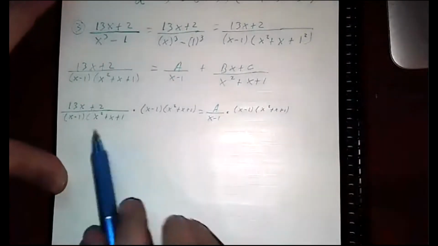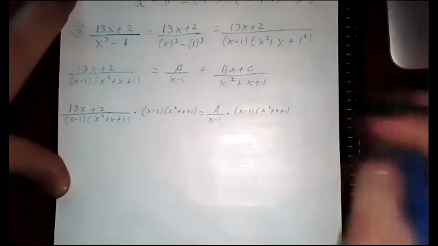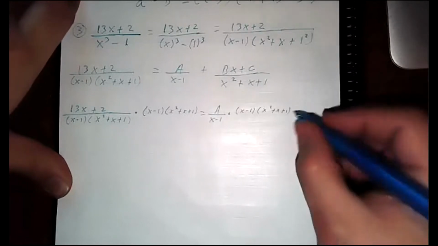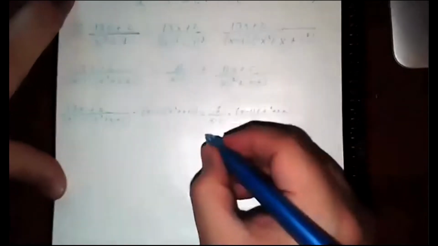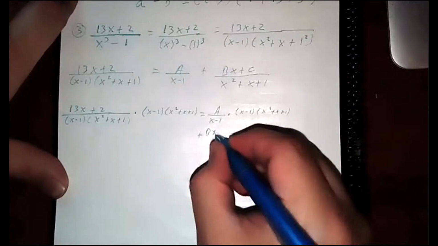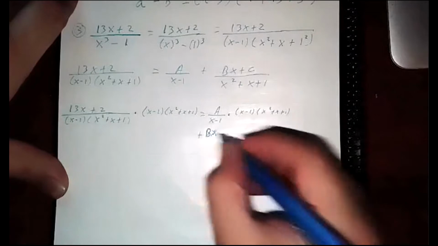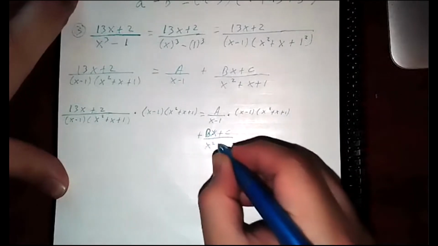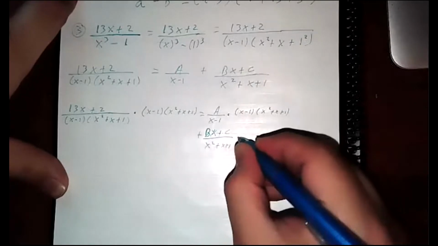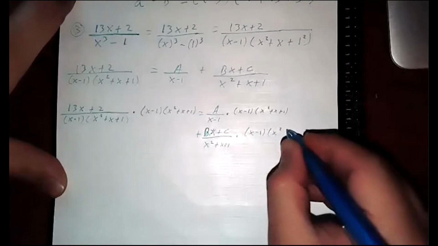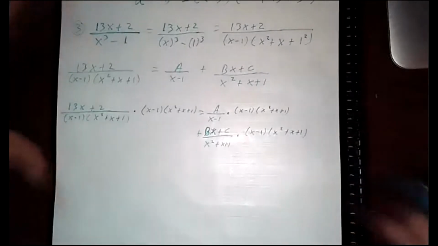It's basically every single term, right? Every single term. Sadly, I am out of space. Oh well. Plus the bx plus c over x squared plus x plus 1 times x minus 1 times x squared plus x plus 1.